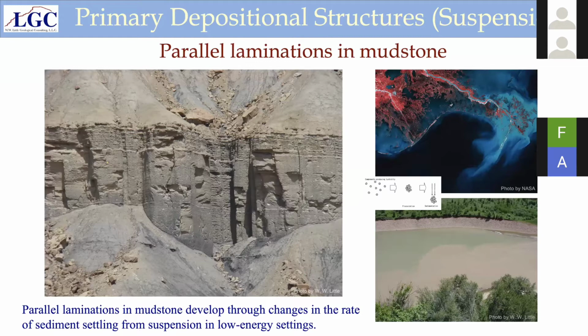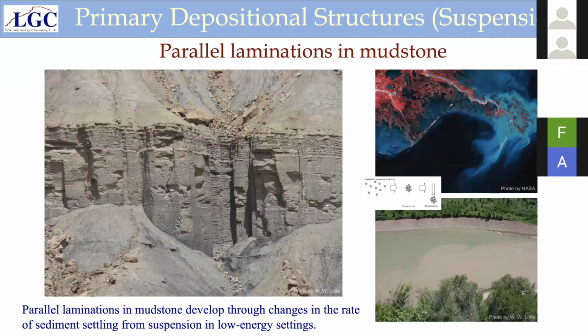There's one of the Mississippi Delta, and you can see in this image that the mud from the delta manages to move a significant distance into the basin, where it then settles out to the sea floor. Down at the bottom is a picture from a reservoir here in Idaho, and you can see the plume of mud as it is moving out into the basin.